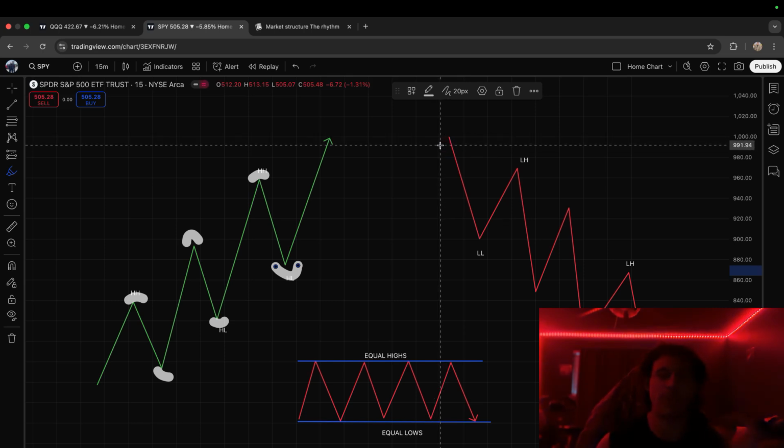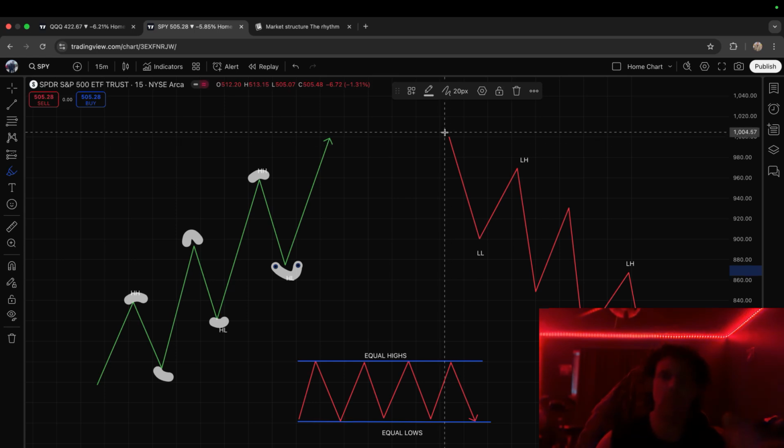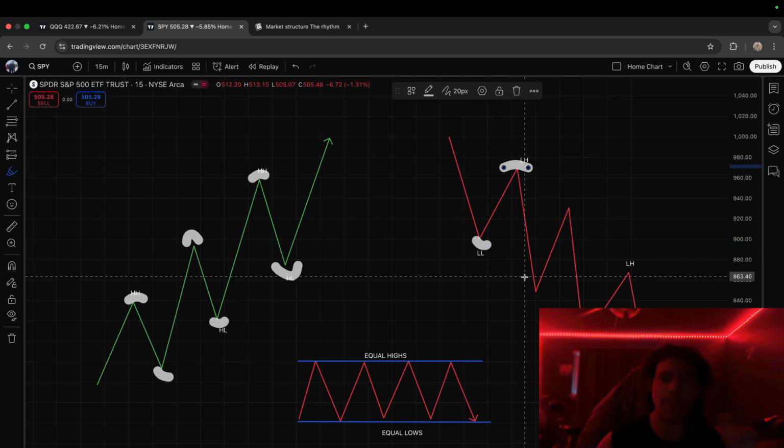What pattern and rhythm do we follow in the downtrend? Well, we have a high, we have a low, but then we have a lower high, and then ultimately we make a lower low, a lower high, a lower low, and another lower high.